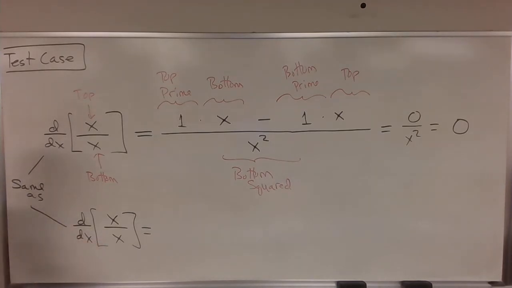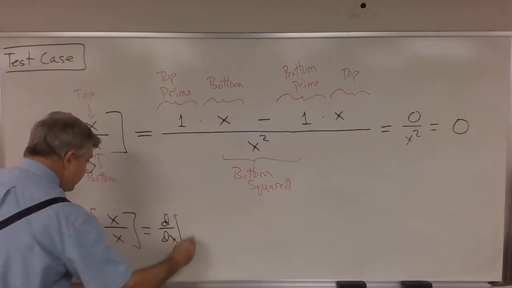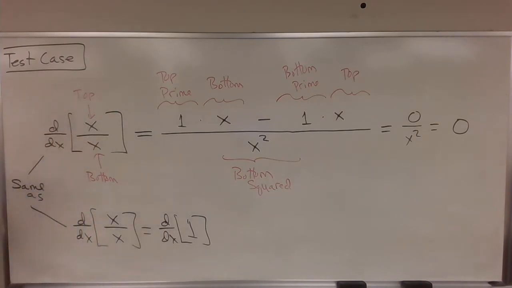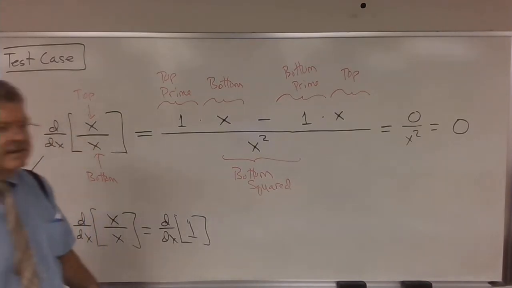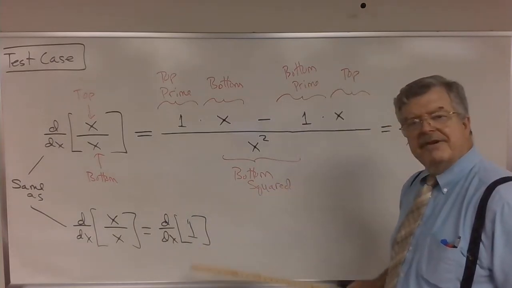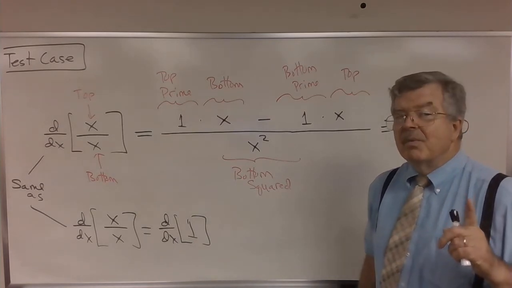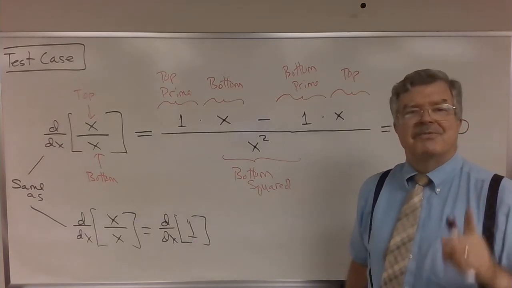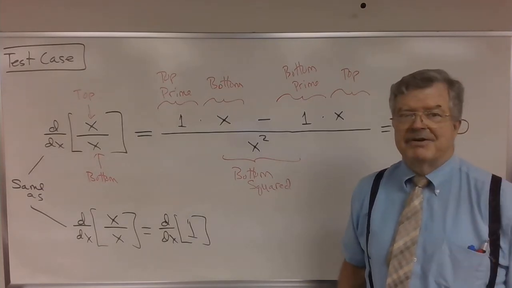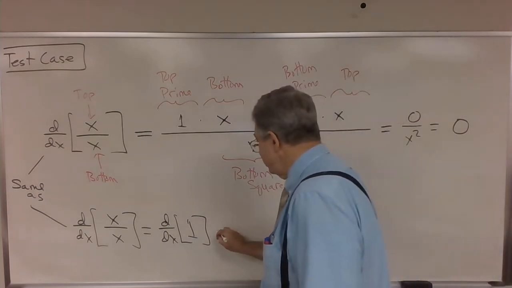It's 1. So we'll rewrite this as the derivative of 1, and how do we do the derivative of 1? 1 is a constant, and the derivative of a constant is 0. That's right. The derivative of a constant is 0.